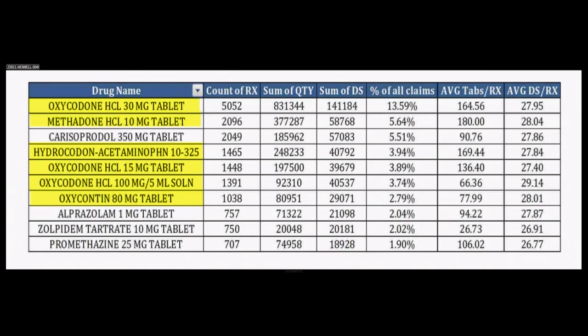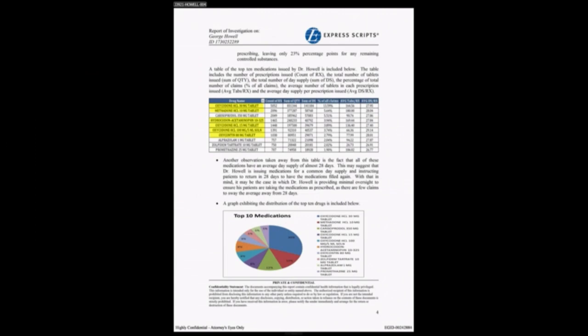I see that. And if you look at the statistics in that chart, we can see there's a count of prescriptions, percentage of claims, and average tabs per prescription, right? I see that.